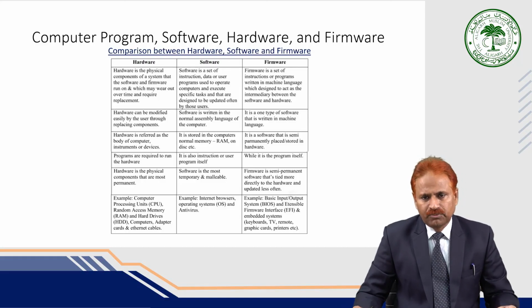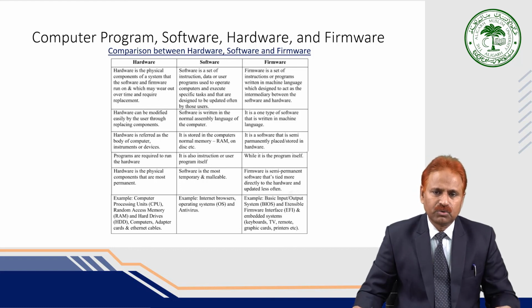Examples of firmware are the basic input-output system, which is known as BIOS, and extensible firmware interface, which is known as EFI, and embedded systems are a very good example of firmware.